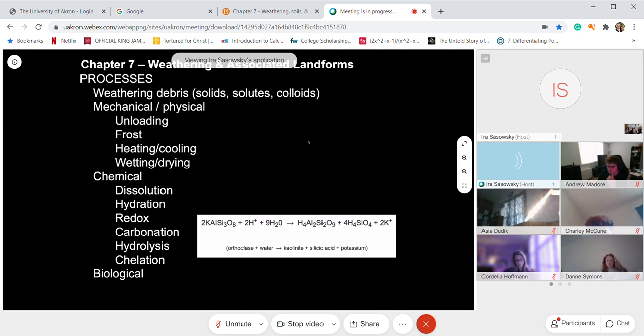And she was able to quantify some of the things that were going on with heating and cooling stresses on these two boulders, which were in different settings.